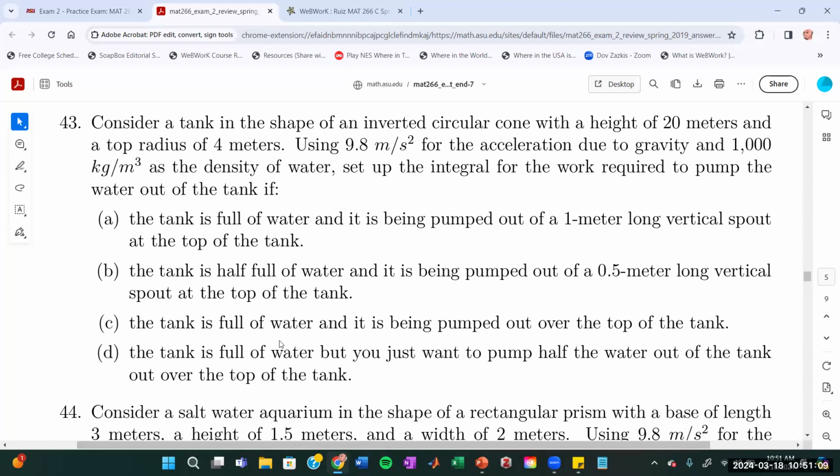It's all about the density. What is the density here? It's a mass density. When we're in imperial units like feet and pounds, we don't deal with mass. We have a volume or a weight density.